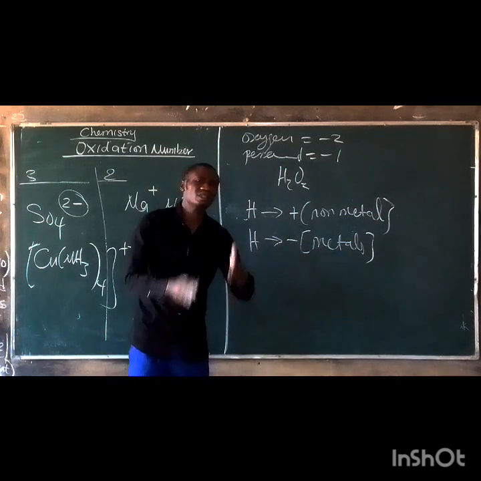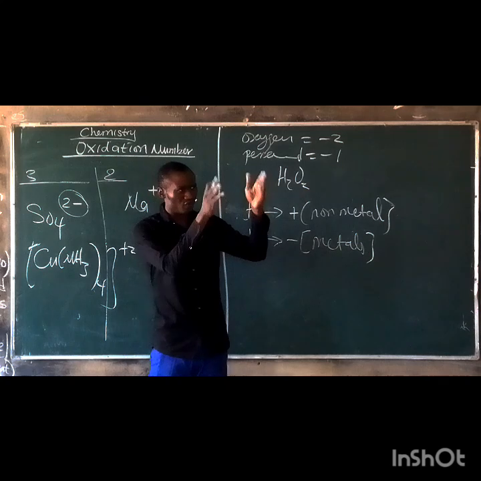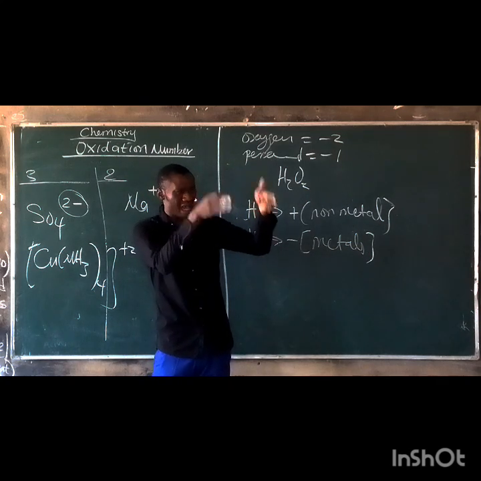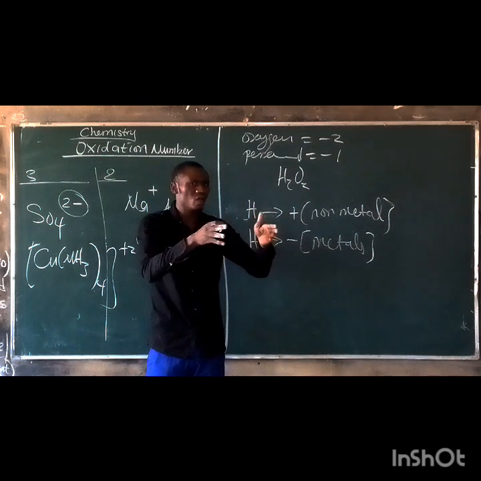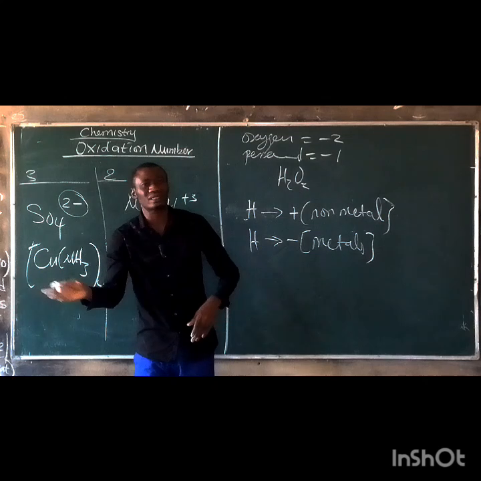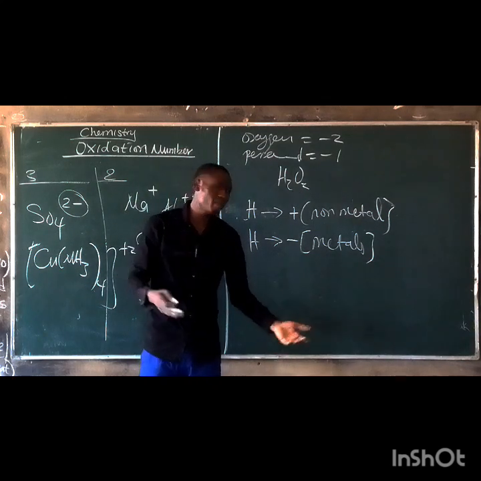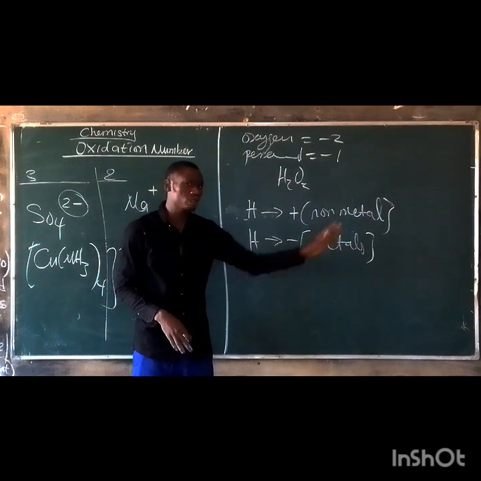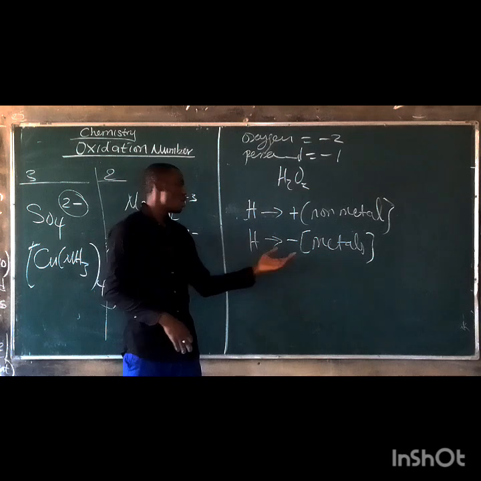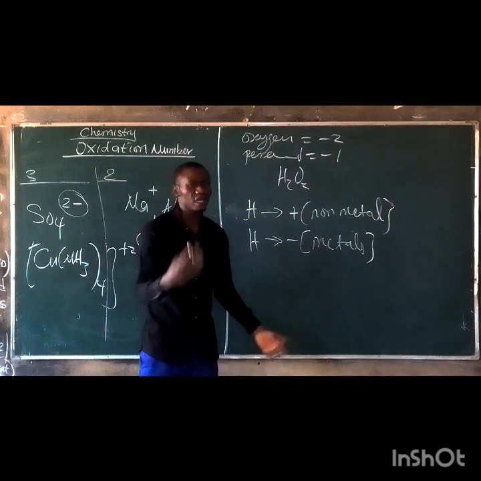You see that? Hydrogen is standing alone, although it is grouped as one, because it can behave like a metal and it can behave like a non-metal. When hydrogen bonds with non-metal, it behaves like a metal. When it bonds with metal, it behaves like a non-metal.